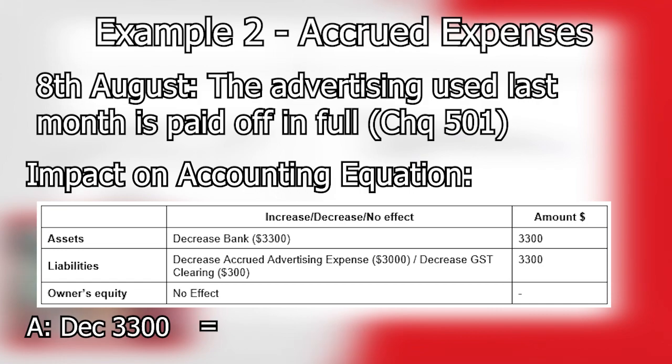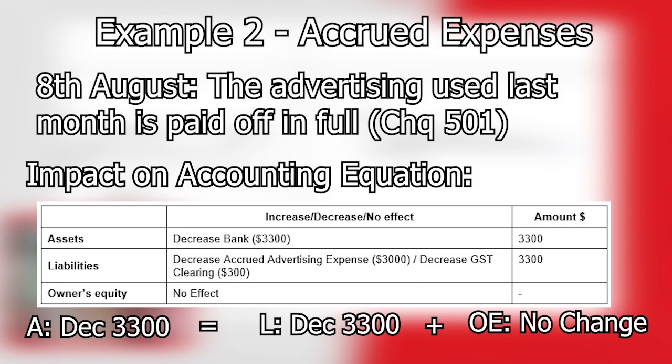So bank is 3,300. And the decrease the GST clearing by 300. And there's no effect on owner's equity because profit's not touched. We used the expense or incurred the expense the previous month. So you can see 3,300 down, and that is demonstrated in the liabilities.